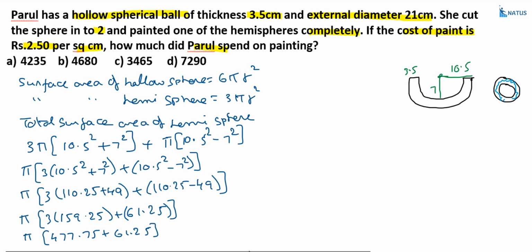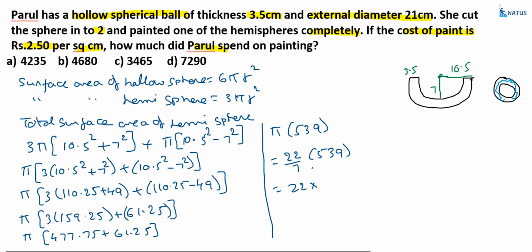Now this is pi into the sum of these two, that is 539, equal to 22 by 7 into 539. So this is 22 into 539 by 7, that is 77 times 22, so this is equal to 1694 square centimeters.